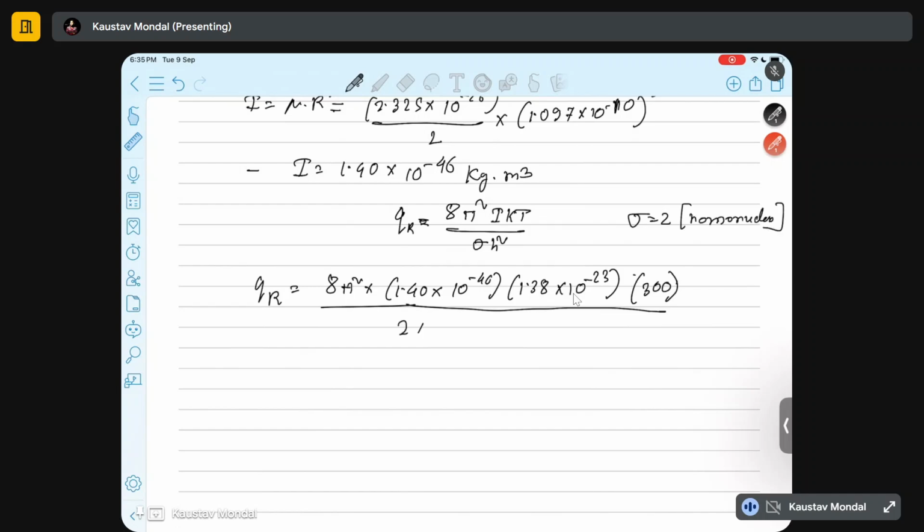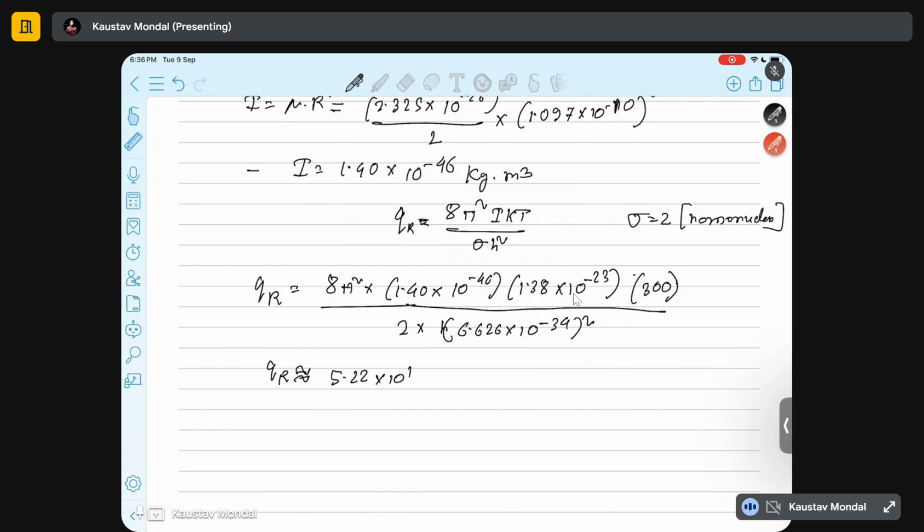So 2 into h square, where h is Planck's constant, 6.626 into 10 to the power minus 34, whole square, right? So QR will be almost similar to 5.22 into 10 to the power 1.